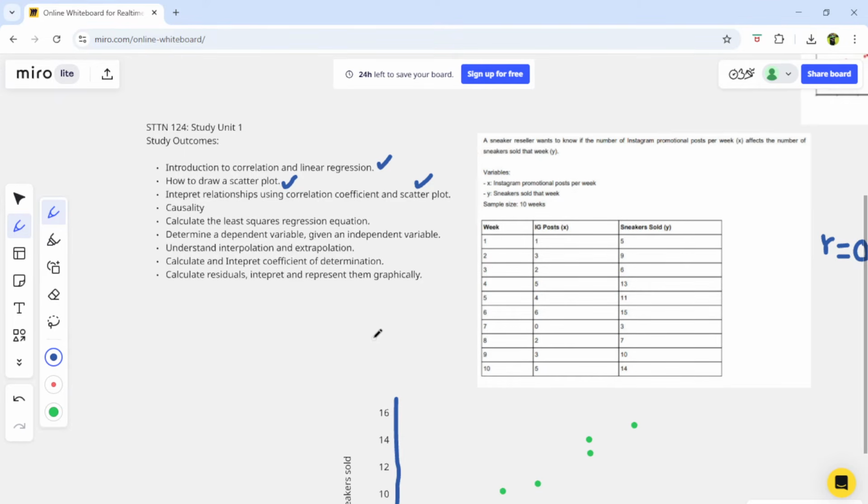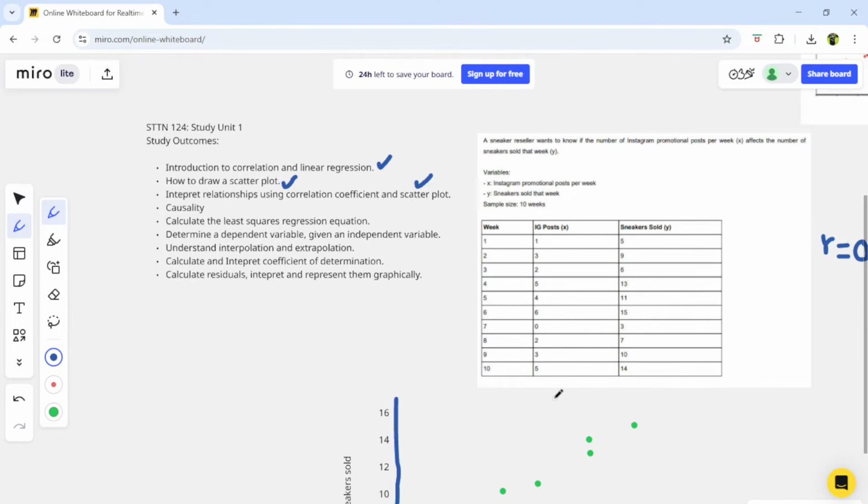Basically, causality is, okay, let's take this example that we have here: the IG post and the sneakers sold. We have established that there is a strong positive linear relationship between the IG post and the sneakers sold, right? But then we want to know, is it really the IG posts that are making the sneakers get sold a lot? Not necessarily.